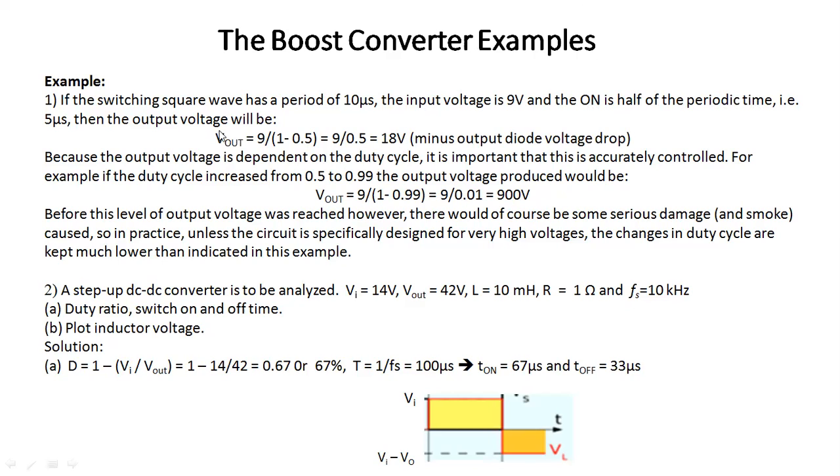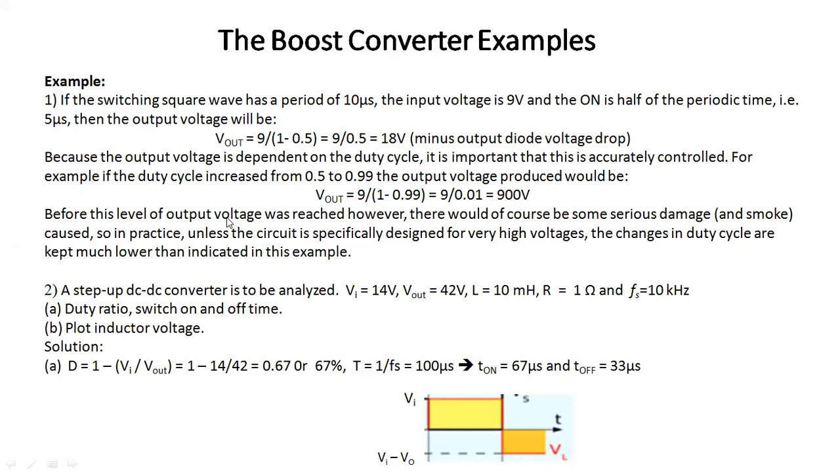Because the output voltage is dependent on the duty cycle, it is more important that this is accurately controlled. For example, we can calculate with the duty cycle increased from 0.5 to 0.99, what the output voltage produced will be. Again, V out equals 9 upon 0.5, and up to 0.99 you can take it. You will get this value.